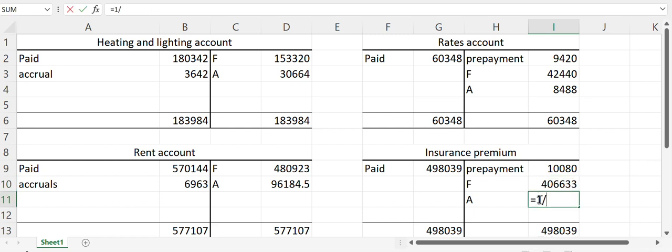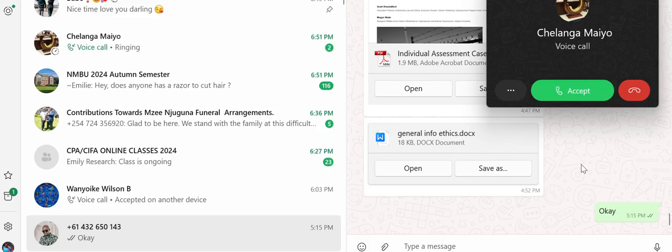Do the same, multiply that by, open bracket, 498039 minus 180. Yes, we get that. So when you add these two, they should give you that difference. Okay, when you add these two, it's giving you 487959. Okay, so we continue.